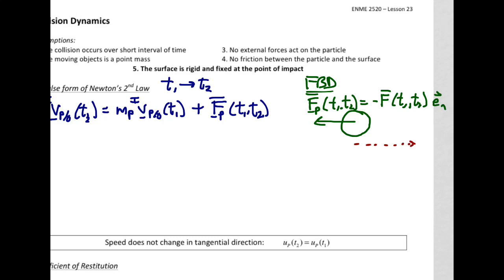And this is using the collision frame that we defined earlier, where e_n is pointed to the right.